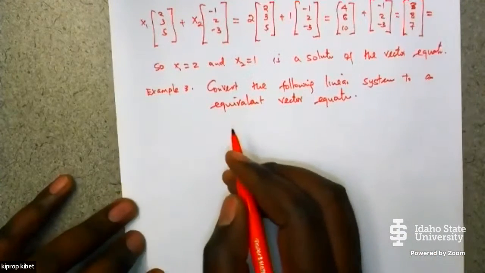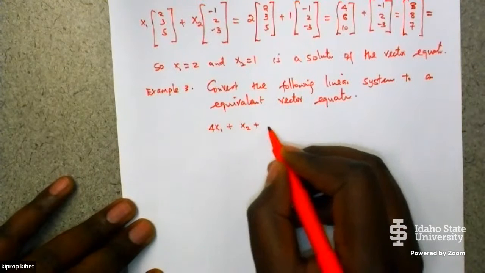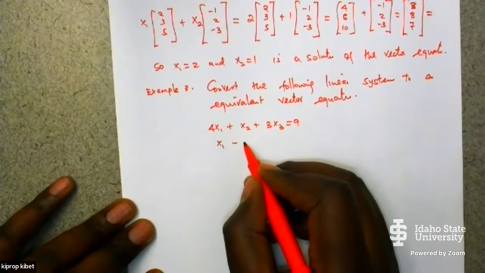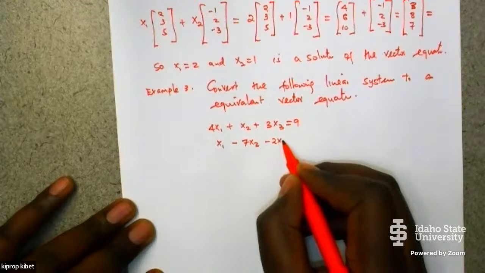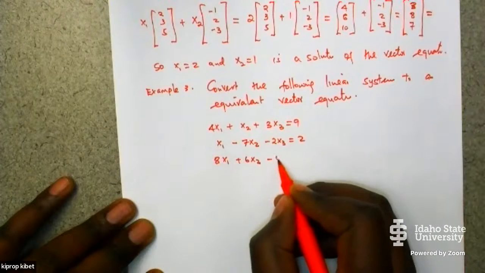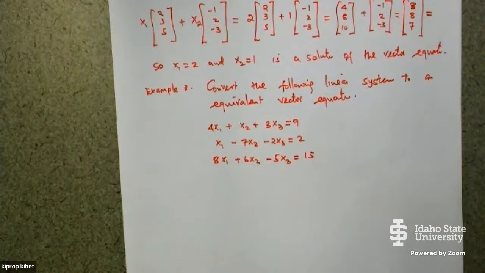We have the linear system 4x1 plus x2 plus 3x3 equals 9, x1 minus 7x2 minus 2x3 equals 2, and 8x1 plus 6x2 minus 5x3 equals 15. So this is a linear system, and we want to convert it to a vector equation. How can we convert that?